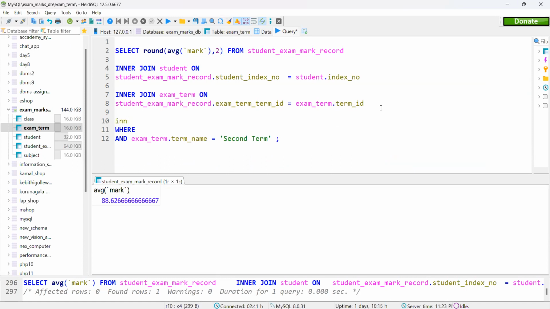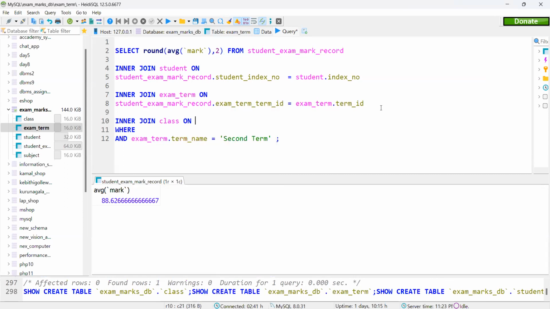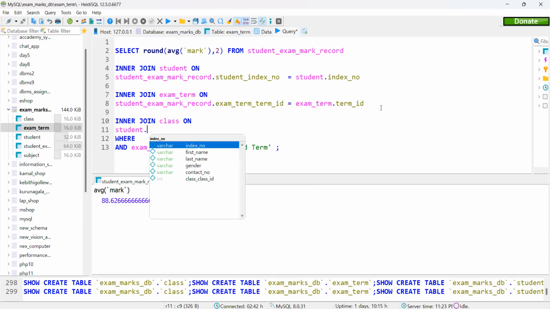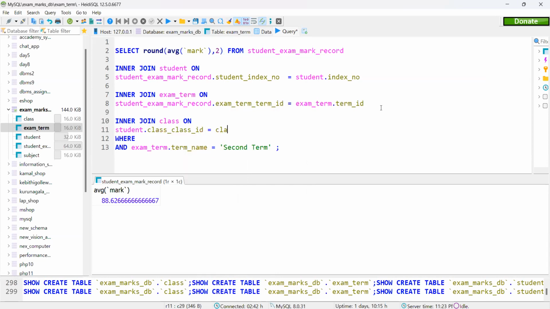We have to join our class table on our student table, class ID and class ID.